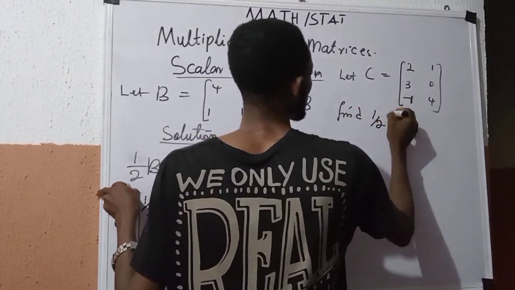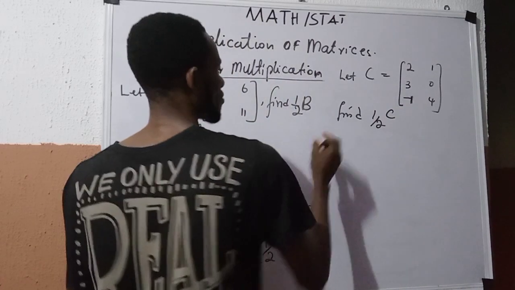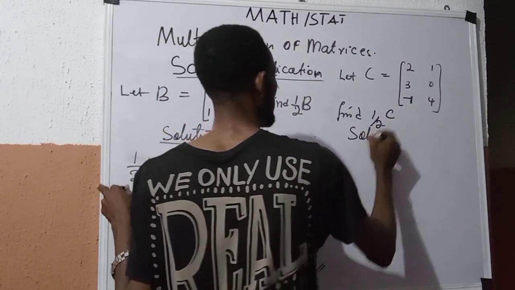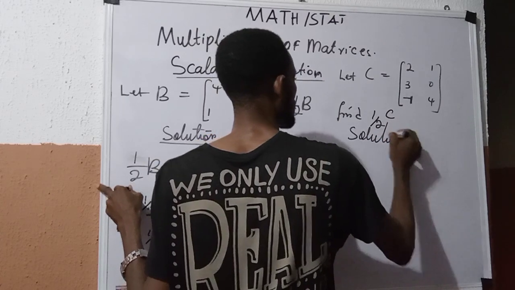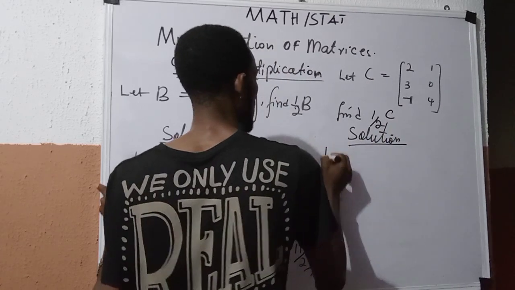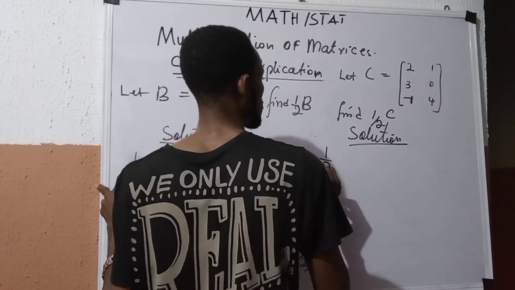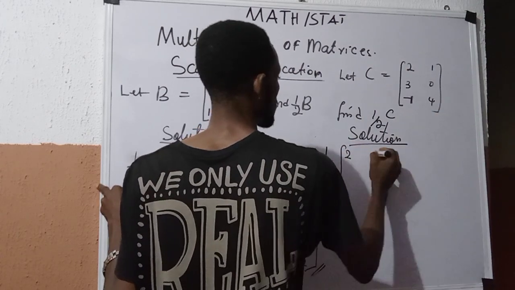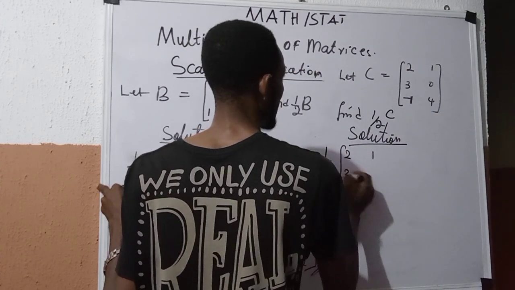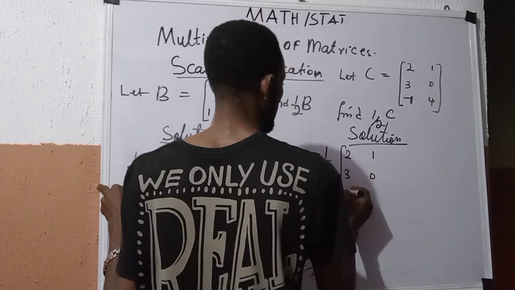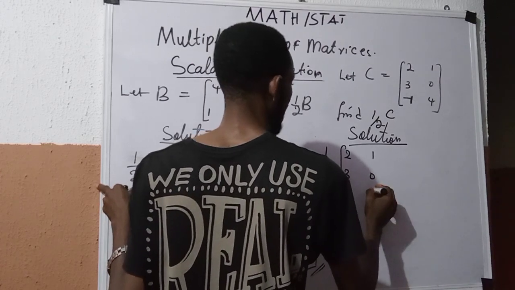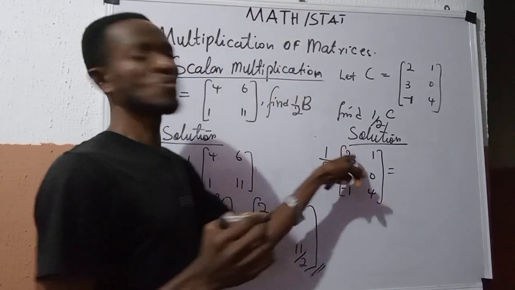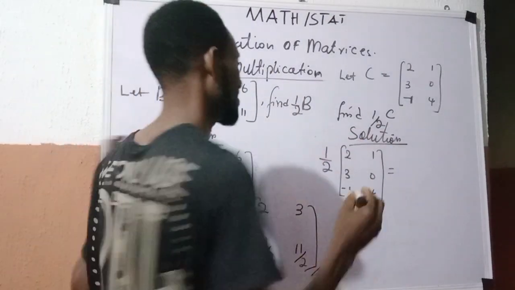You can be asked to find 1 over 2C. So, as a way of solution, you have 1 over 2, times the matrix 2, 1, 3, 0, minus 1, and 4. 1 over 2 goes in to multiply all the entries here.